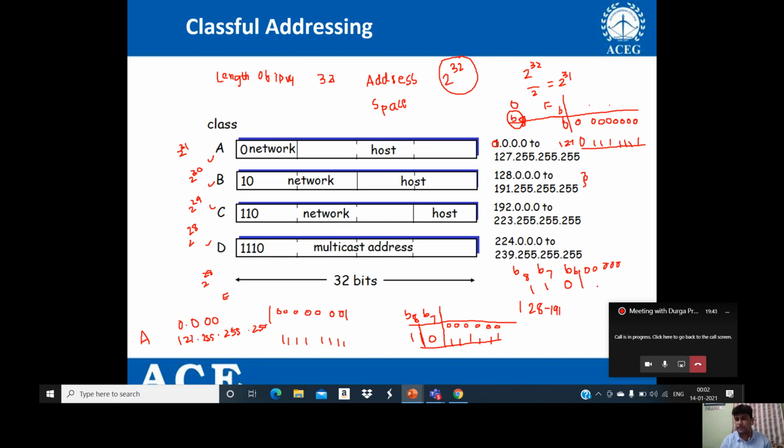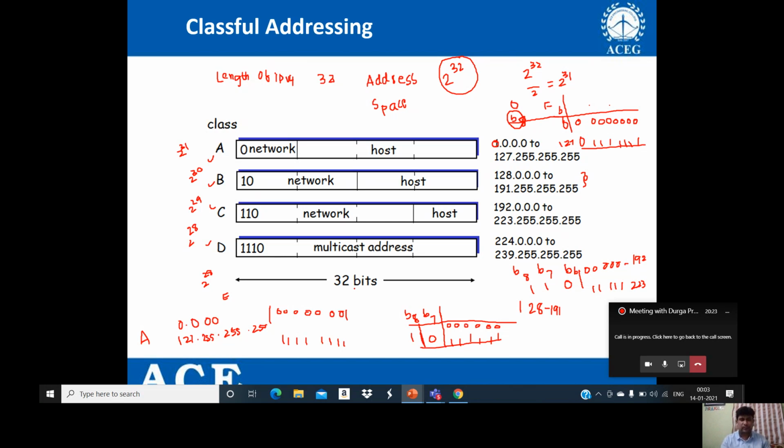So the range of class C, when you convert it into decimal, starts at 11000000, which is 192, and goes up to 110 followed by all ones, which is 223, and the remaining 3 bytes can take values from all zeros to all ones. So the range of addresses in class C is 192.0.0.0 to 223.255.255.255. This is class C.